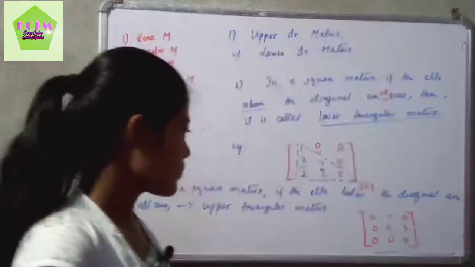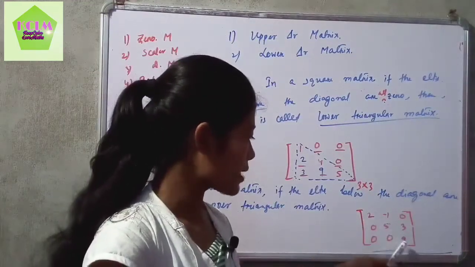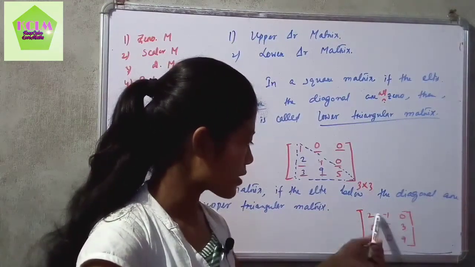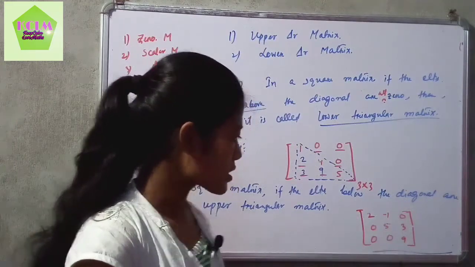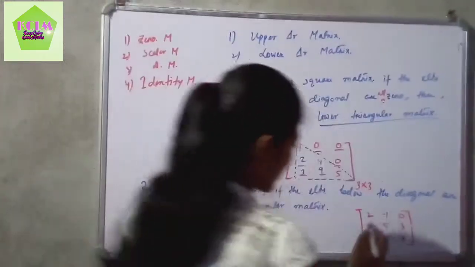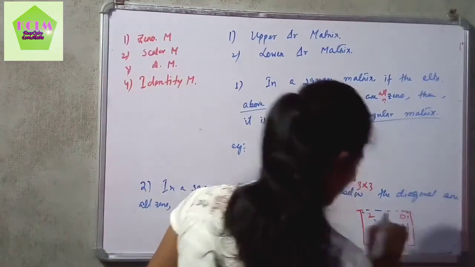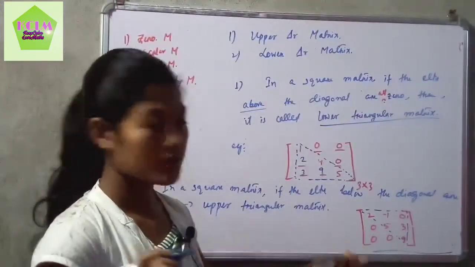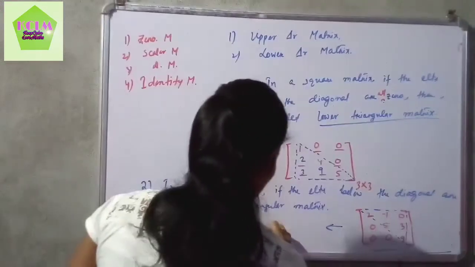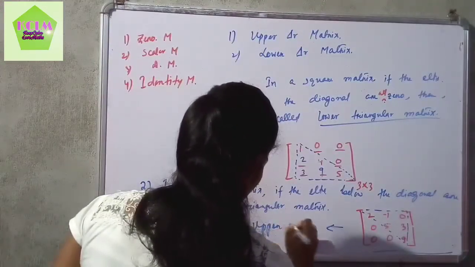So here the diagonal elements are 2, 5 and 9, and the elements below this diagonal are all 0. So this matrix forms an upper triangle here like this, you can see. So this is called upper triangular matrix.